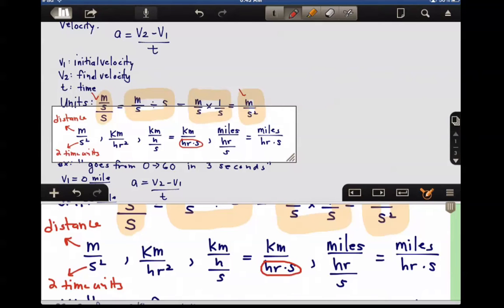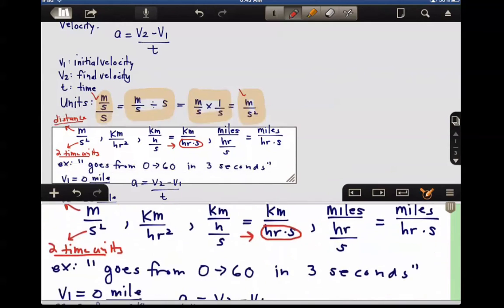I always am stressing trying to get quantities into the same unit. But it's actually okay in this case to have kilometers per hour per second, which reduces to kilometers divided by hours per second. And the same is true for miles per hour per second. Notice in all of these, they have one distance unit and two time units.